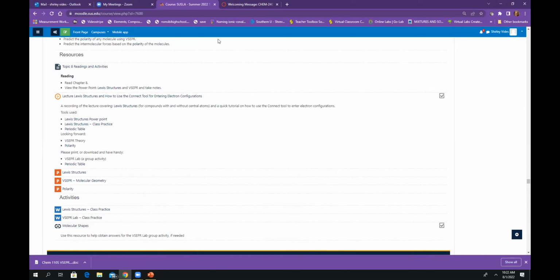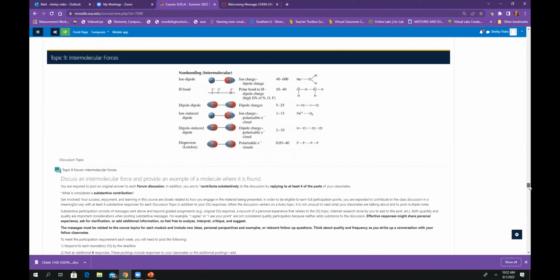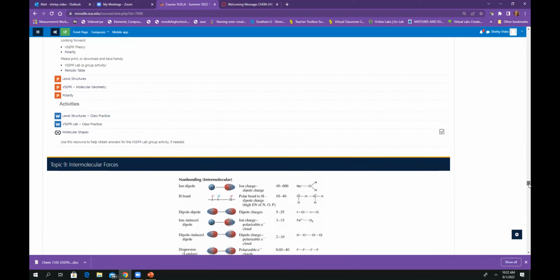I should have just kept going, but instead I waited, and now we're to where we should have been a long time before. Now, when you have intermolecular forces, that's another part.